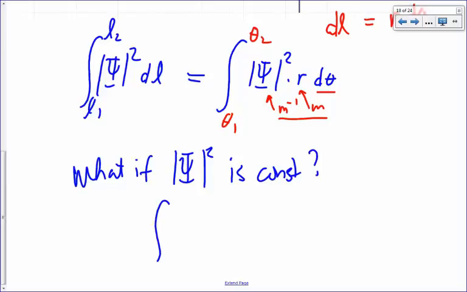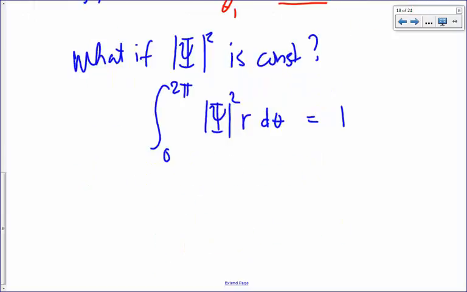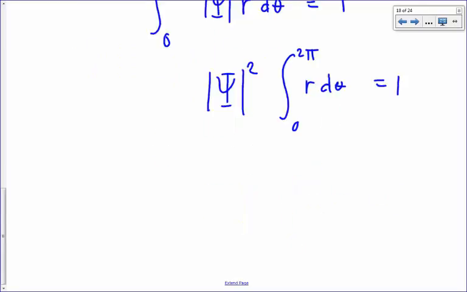Well, then you're going to say the integral from 0 to 2 pi of psi squared r d theta must be equal to 1. So what is your psi squared? The absolute value of psi squared times the integral of r d theta from 0 to 2 pi must be equal to 1. Okay? So the absolute value of psi squared times what's the integral of r d theta?